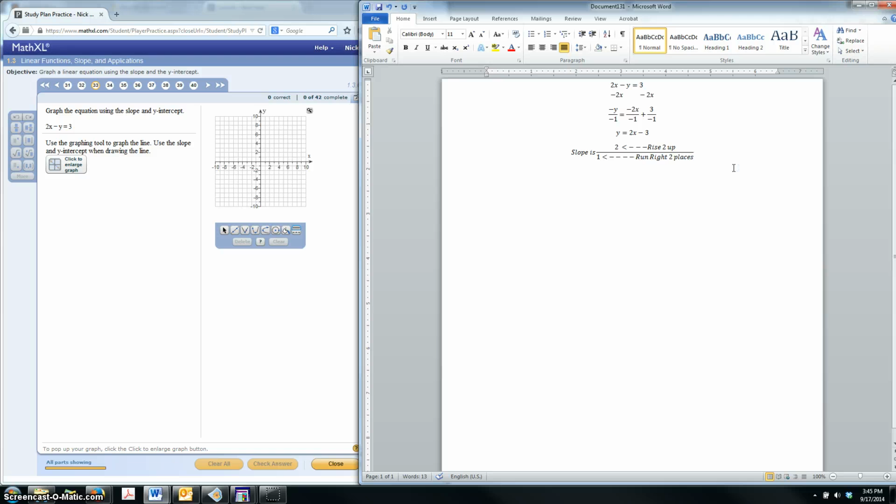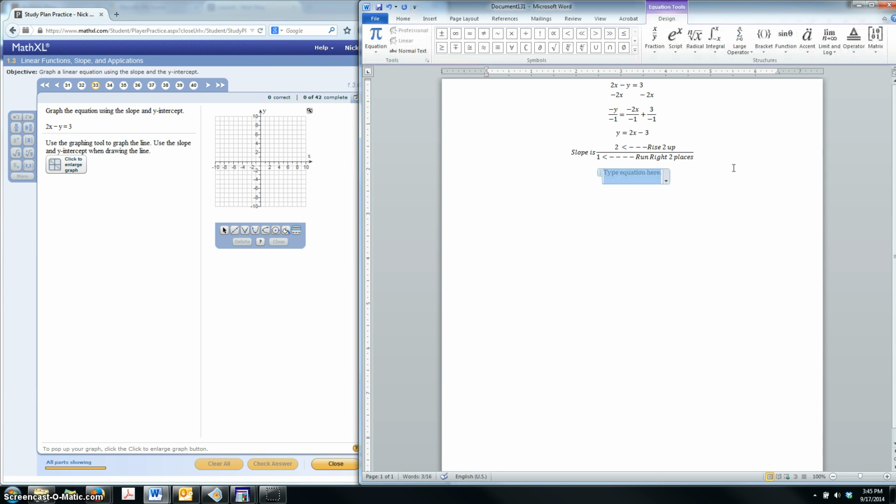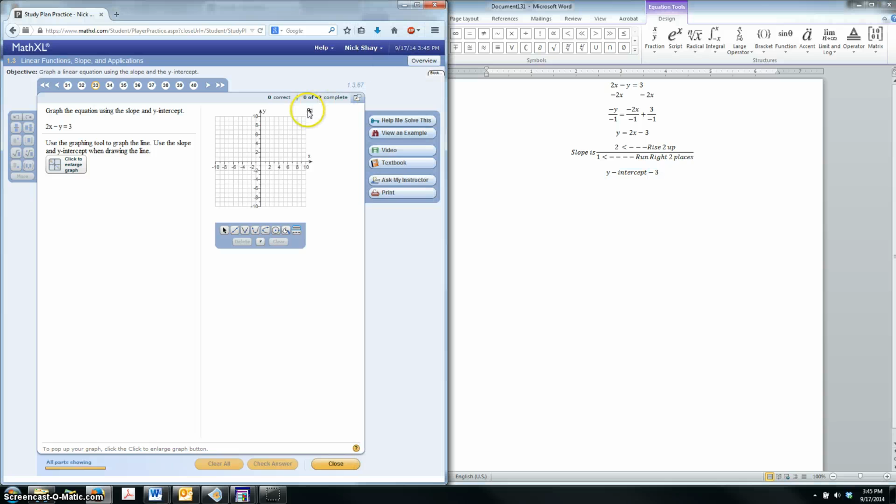We also know that our y-intercept is this value right here. This is our b value. So our y-intercept is negative 3. We have our slope, which is rise 2, run right 1, and we have our y-intercept, which is negative 3, so we're ready to graph this.